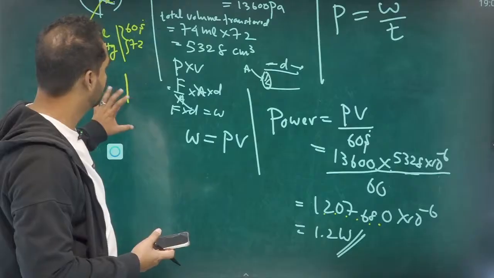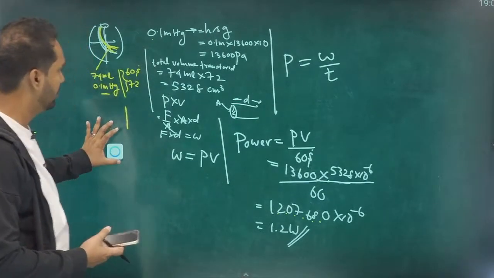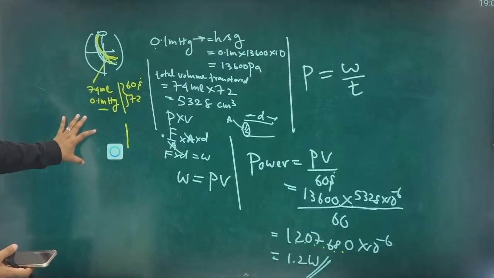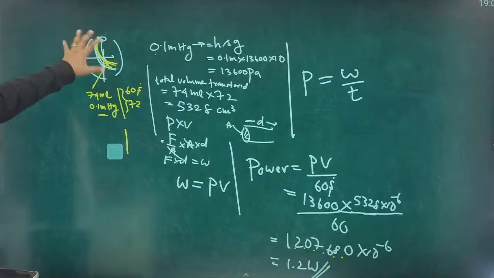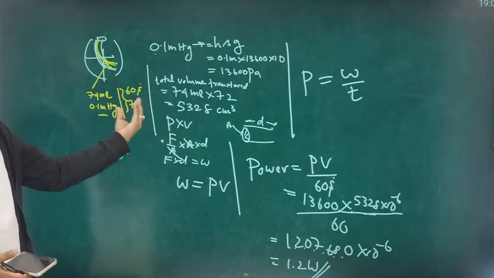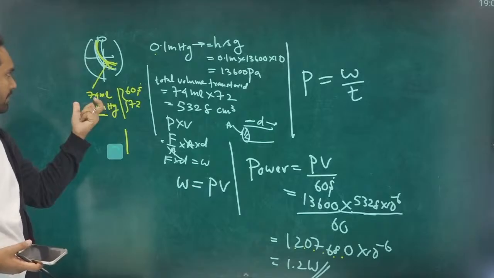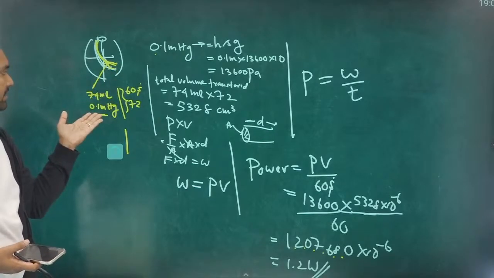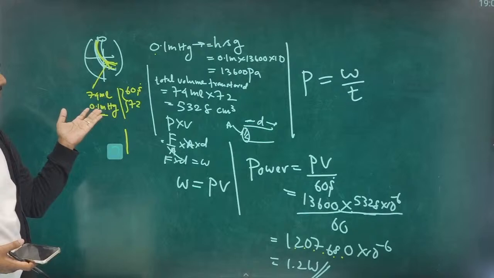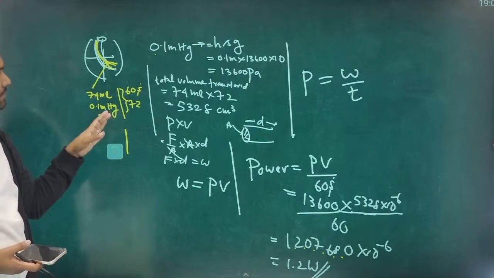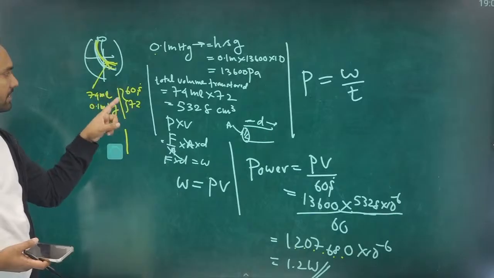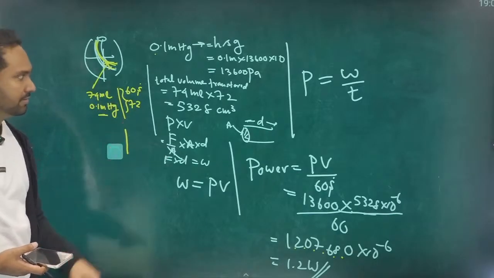Did you understand that? So this is basically the heart. This is the aorta or any sort of a vessel. So the blood is pumped through this, 74 millimeters per beat, at 0.1 meter Hg pressure, and per minute this happens 72 times, right?